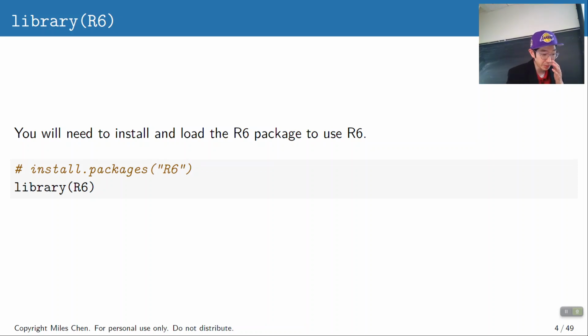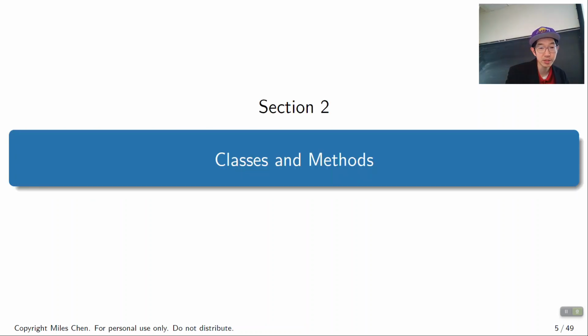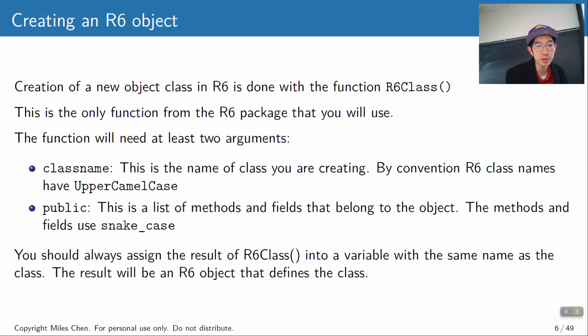R6 is not part of base R. You have to install the R6 package, and then you would call library(R6) to load it up. Okay, let's talk a little bit about how this works.